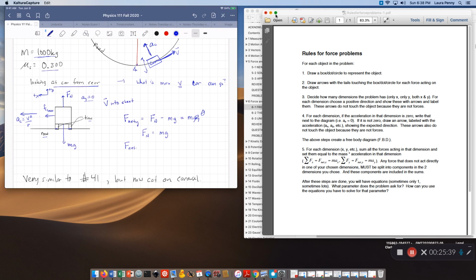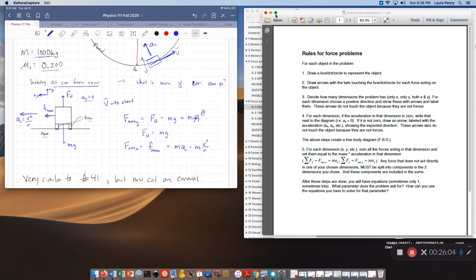F net x, here I've got positive x in this direction. I only have one force, the maximum static friction force. And that has to equal the mass times the acceleration, which is also in that direction, which is a sub c, or v squared over r.